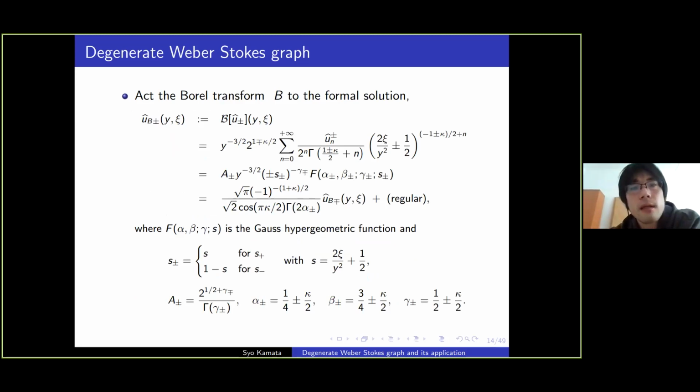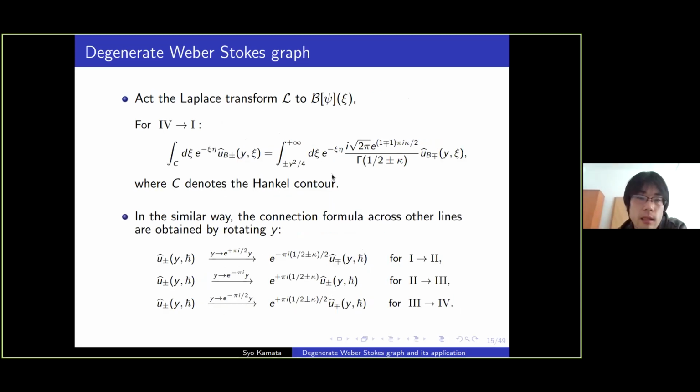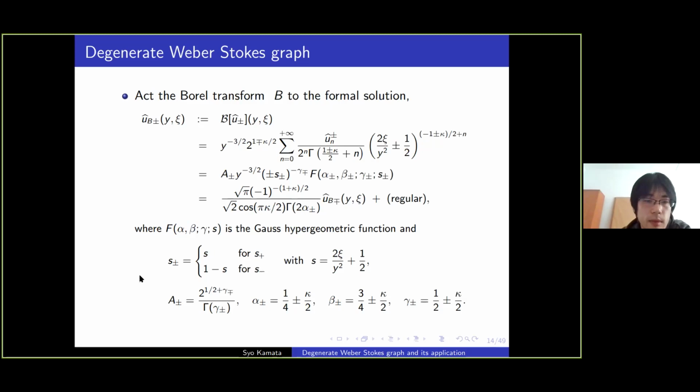Then let us add the Borel transform B. In this case, h bar is replaced by the Borel parameter C. This can be expressed in this form, and eventually it can be written by the Gauss hypergeometric function F, with the parameters and s given here.